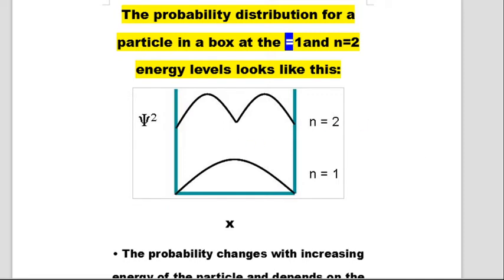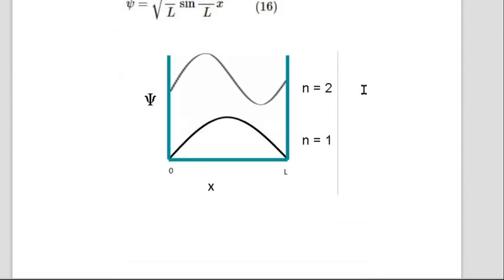This is the psi square curve. In the psi function curve, the node is the point at which psi is also 0, but on the two sides of that node, we have the psi function positive and negative. The positive value of psi decreases to 0 and then becomes negative.